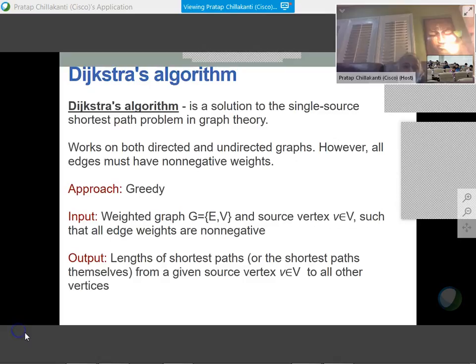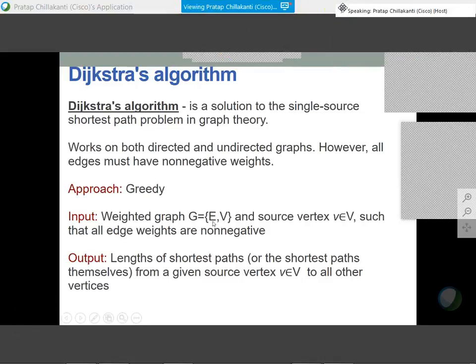Directed graphs. Okay. Only thing is, all of them should have non-negative weights. Okay. The approach itself of the algorithm is greedy. So you have an input. Since it's a graph, graphs have edges and vertices, right? That's why this is the symbol that we use: G equal to (E, V). E is for edge, V is for vertex. And then you're given a source vertex V, which obviously belongs to the overall set of vertices.